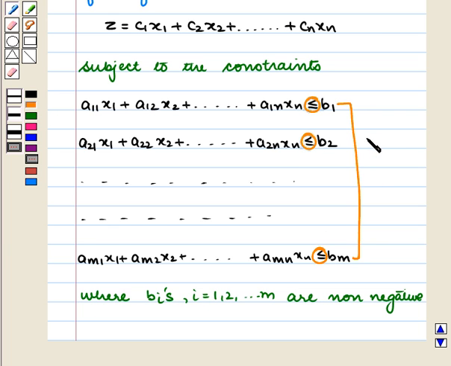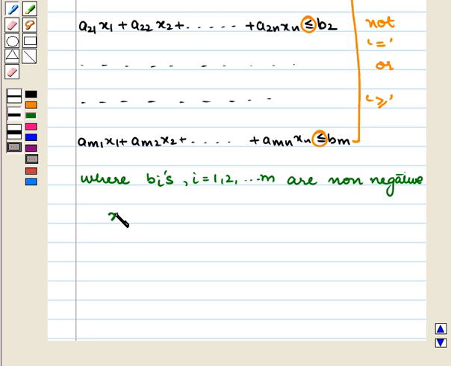They cannot be equal to or greater than equal to. Also, all the variables xj's are greater than equal to 0 for j equal to 1, 2, 3 and so on till n.